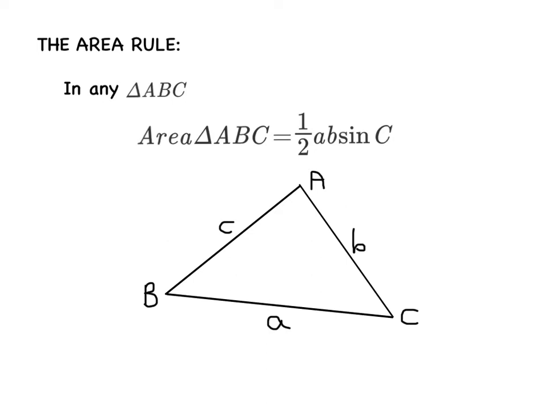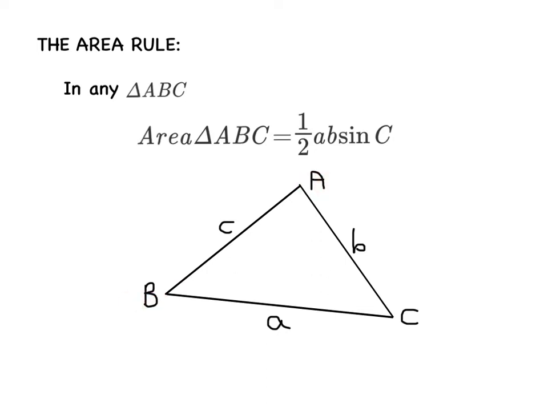Now it's important to notice here that these are small a and b over here, and a capital C. So we need to know, what is the difference between the small letters and the capital letters? Remember, vertices, those are the corners of the triangle, so the 3 points.